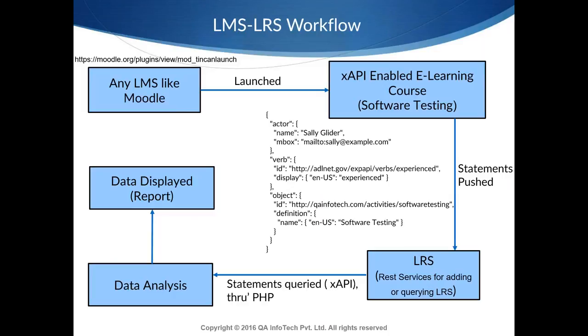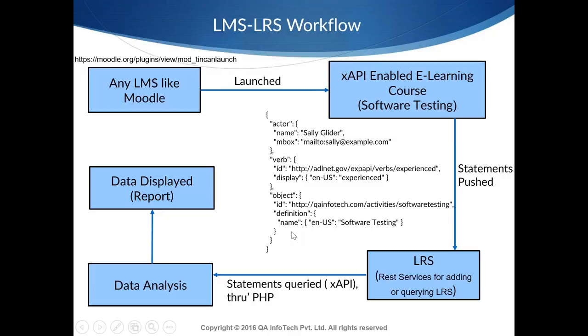We used Moodle, which is an open source learning management system. We loaded the Tin Can plugin, which comes with Moodle, and we created our course. We have a bunch of students registered there. If a student launches a course, the activities which the student performs in the course are pushed into the LRS in the form of xAPI statements, which are generally in the form of JSON.